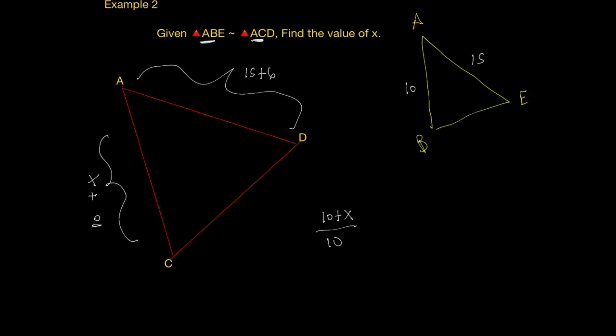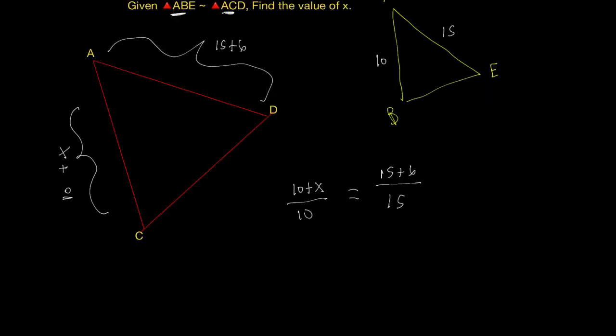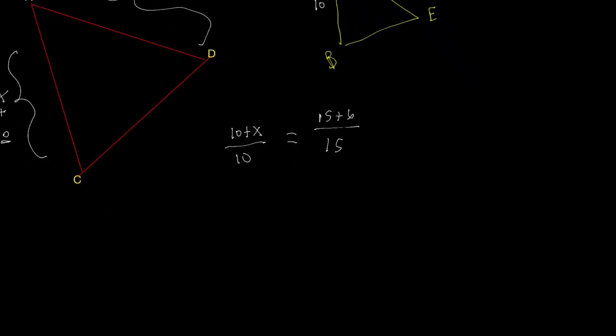So let's set that equal to AD, which is 15 plus 6, all over AE, which is 15. And I have a proportion, so I can apply cross multiplication. So I'm going to do 15 times 10 plus x, and that's going to equal 10 times 15 plus 6, which is 21.